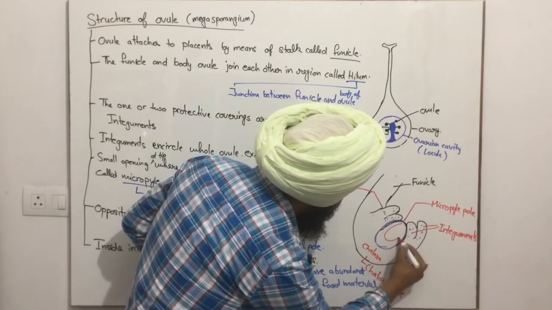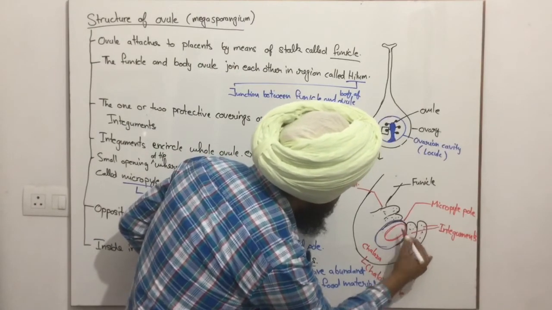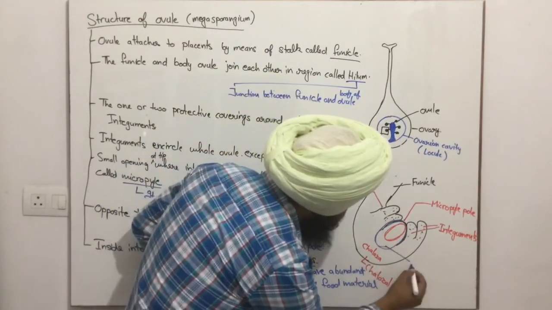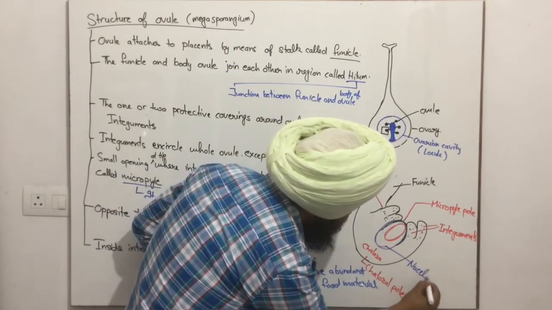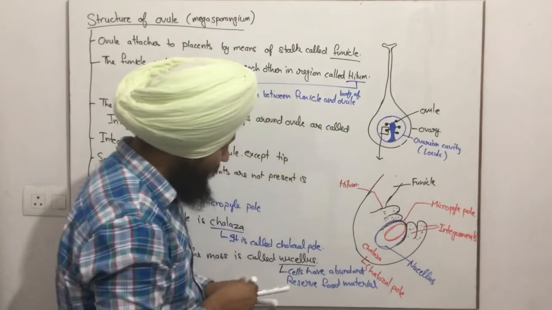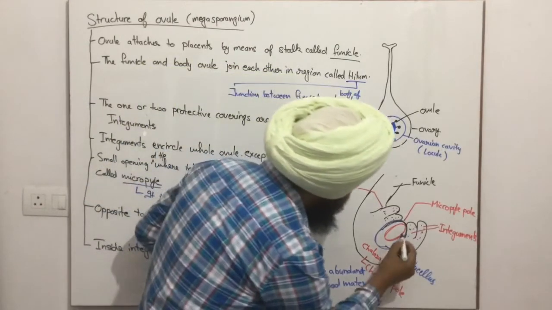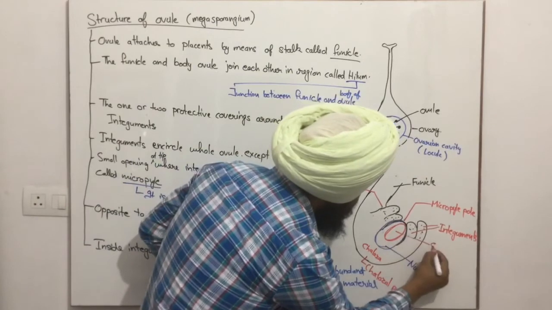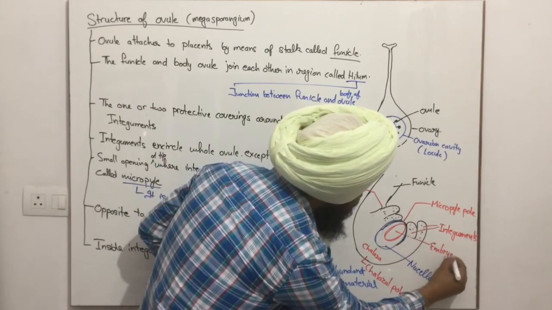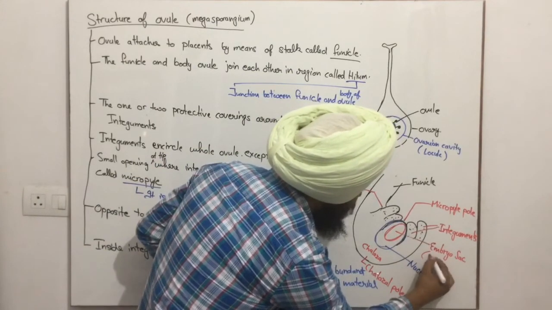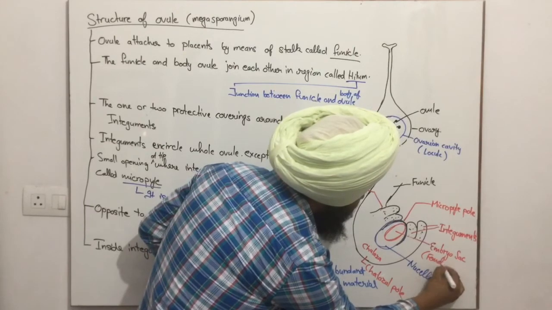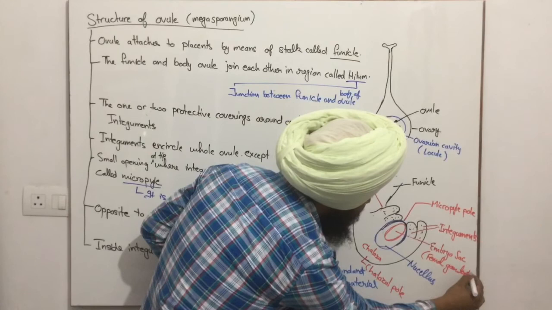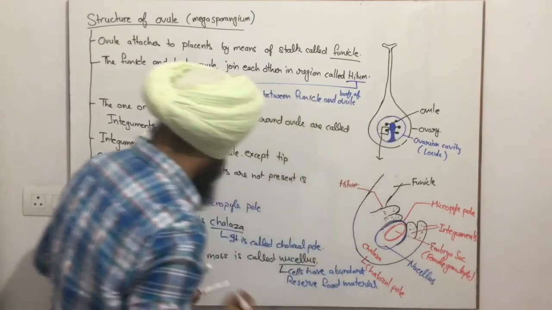and inside the nucellus is the embryo sac, okay. So this is the nucellus, and inside the nucellus we have the embryo sac. This is the embryo sac, and the embryo sac is also called the female gametophyte, okay.